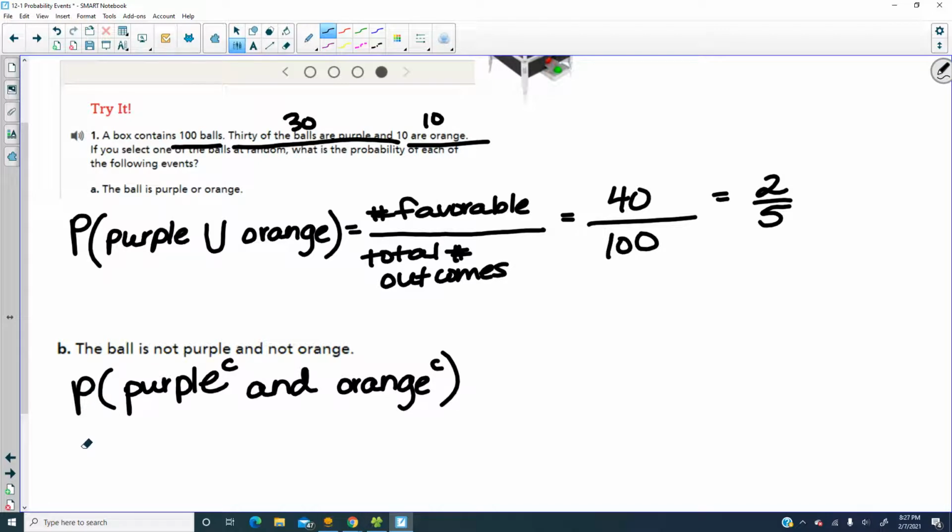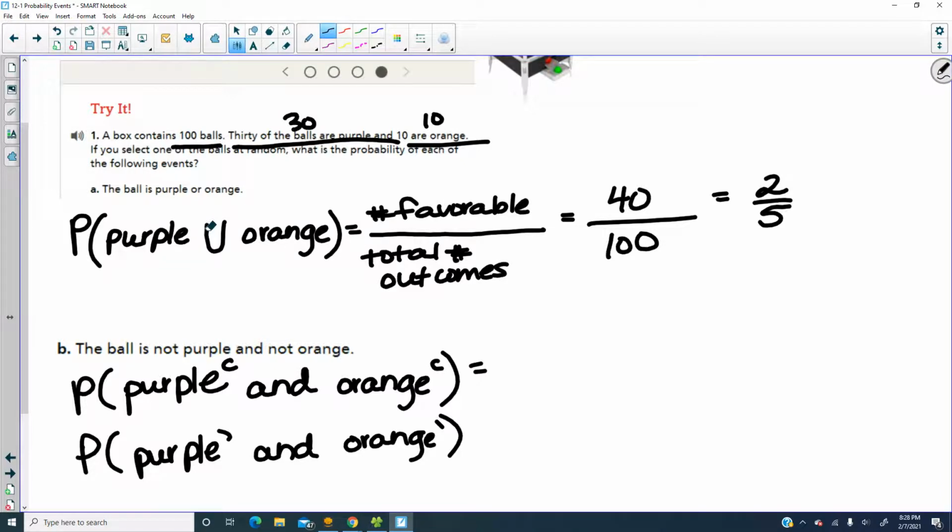You might also see the complement symbol as just an apostrophe. So not purple and not orange.